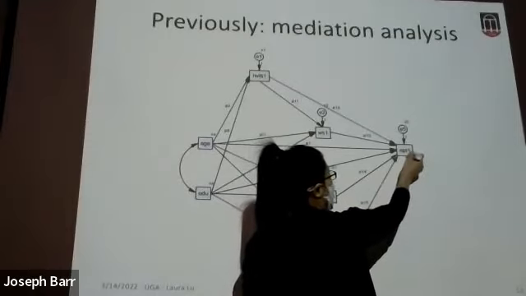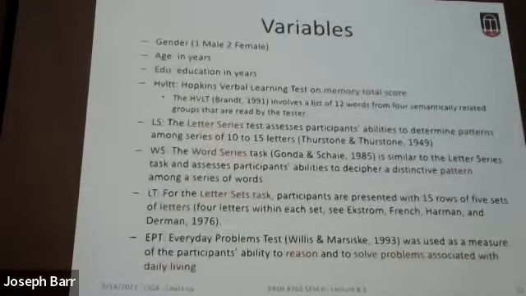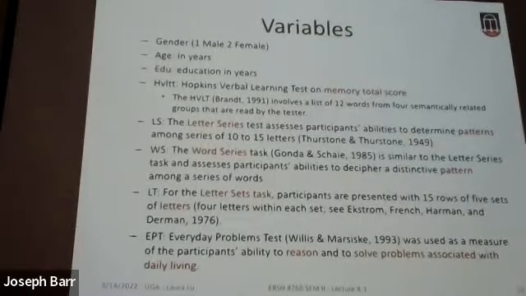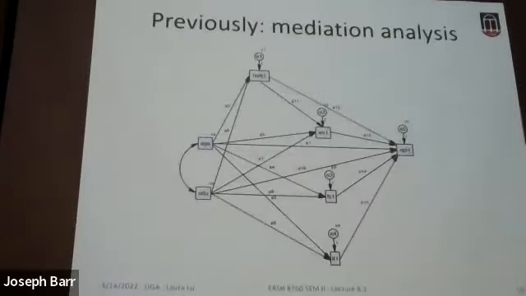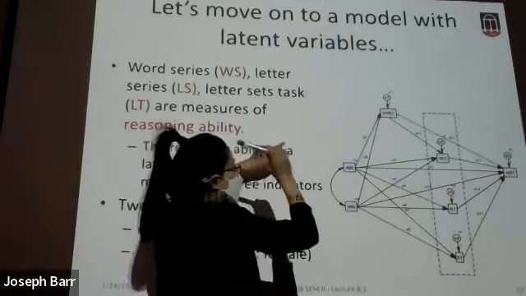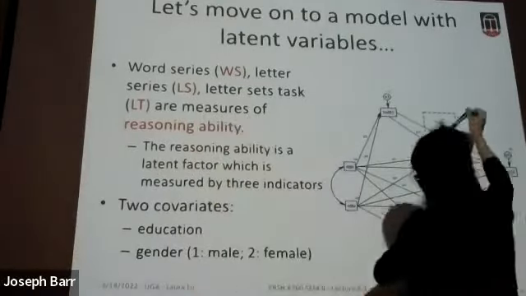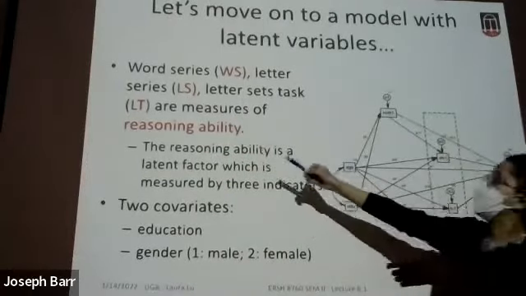Okay, EPT. EPT is short for the everyday problems test. So we're gonna look at the inference of EPT. Okay, so we have different memory tests and reasoning tests. By looking at these 3 tests, we know that all of these are indicators of reasoning ability.